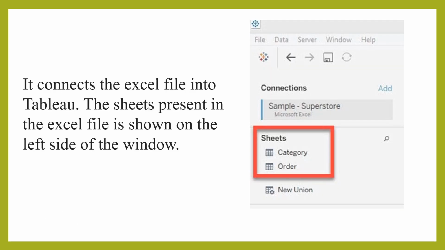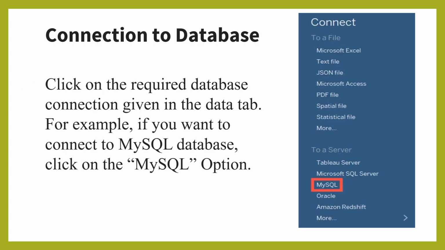Once you click on MySQL, you can enter the MySQL server name, edit the port if required, and enter the username and password. After entering the username and password, just click on the Sign In button. This will connect the different database into Tableau. You can also use the join option available to connect multiple tables.